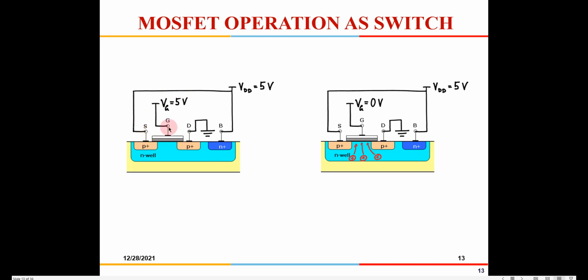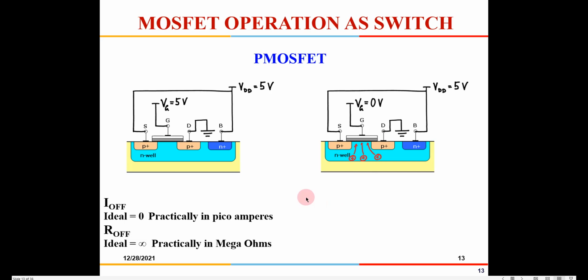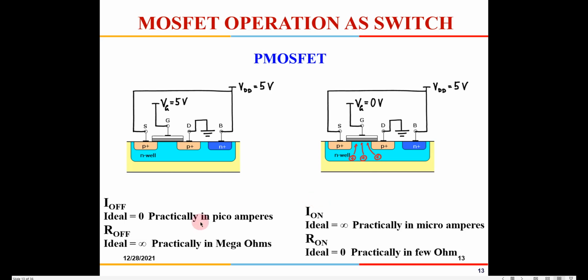And in this case, for the gate, if I give 5 volt, it will be off, and if at the gate I get 0, it is going to switch on. So this is the reverse action as that of an NMOS. Okay, so again the same things remain here also, like ideally no current should flow, but practically a few picoamperes of current will flow.